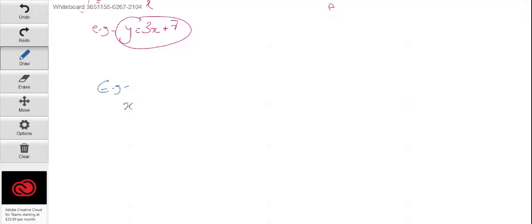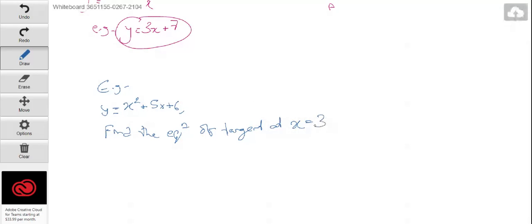For the curve y equals x squared plus 5x plus 6, find the equation of tangent at x equals, let's say, 3.